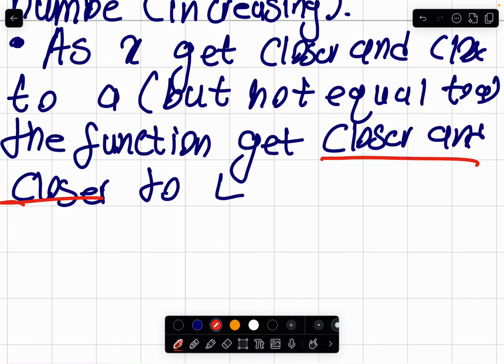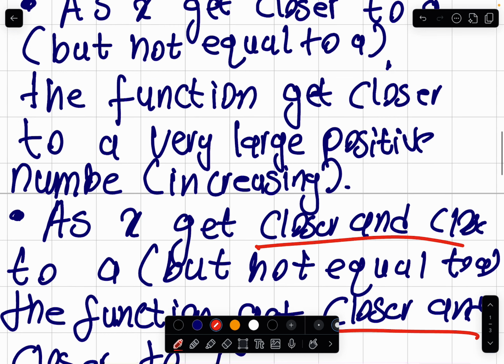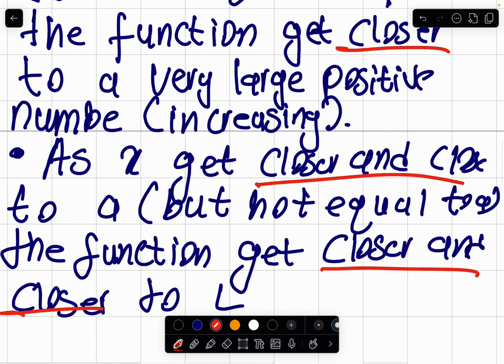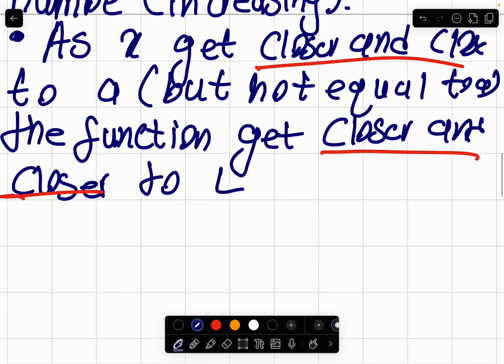Keywords are closer and closer. Here we have a single closer. Closer is the keyword where we double. Then the last point, you say what?